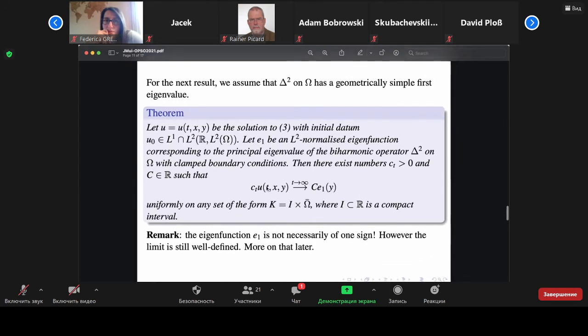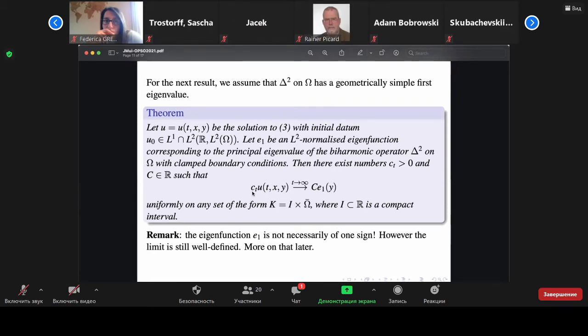Basically what all this says is that after multiplying the solution by an appropriate blow-up sequence, we have local uniform convergence to this constant times the eigenfunction on our cross-section domain omega. And then along the infinite direction, it is locally constant.